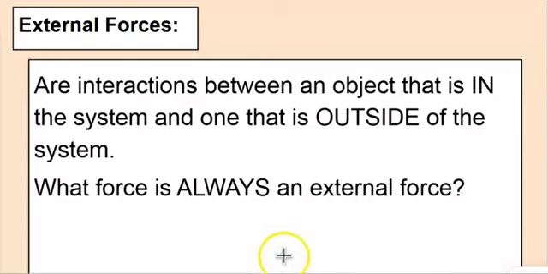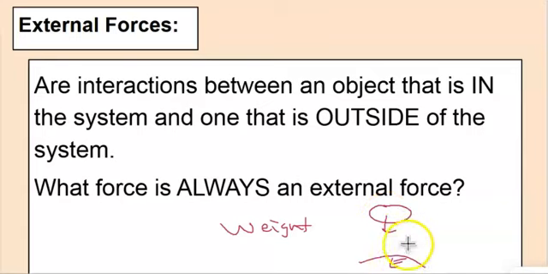Okay, hope you guessed right. Weight is always an external force, because when the bowling ball is falling, the attraction between the bowling ball and the earth is never going to be part of our system. So weight is always going to be an external force.